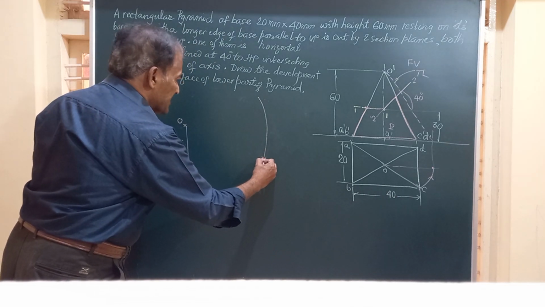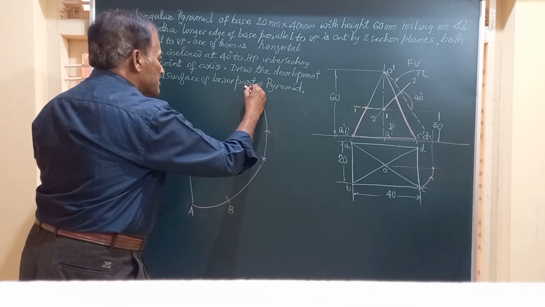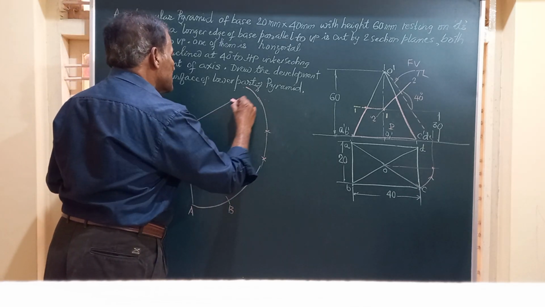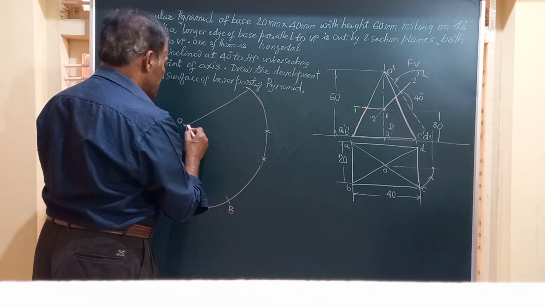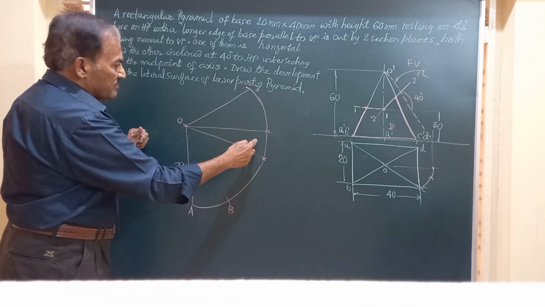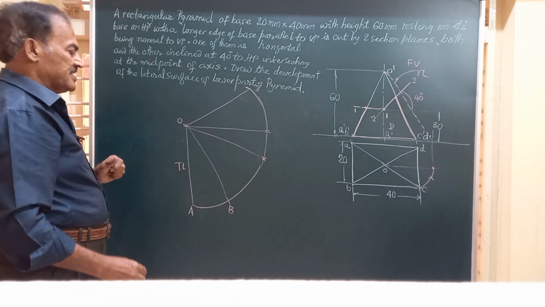Say this is 40. Then CD is 20, again 40. So like this, friends, we are going to have all these four slant edges marked on this sector. The shorter being 20, the longer is 40. So friends, we have got like this.